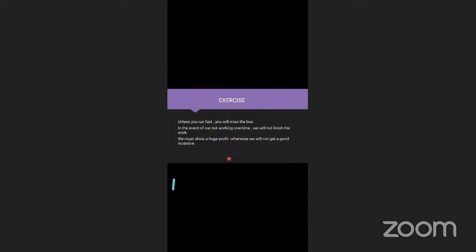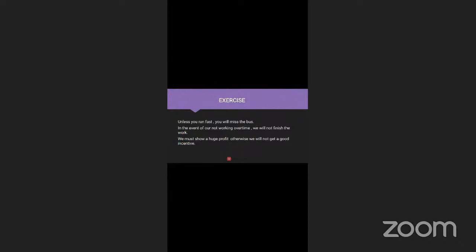Okay, we can go to the next example. We must show a huge profit, otherwise we will not get a good incentive. See this one. What kind of sentence is it? Otherwise is used, so that is a compound sentence. Now we are going to change the sentence into a simple sentence.